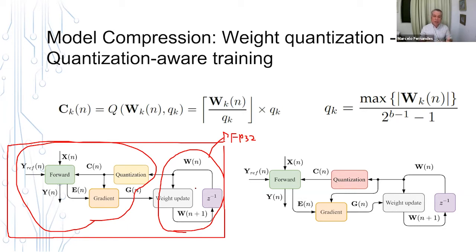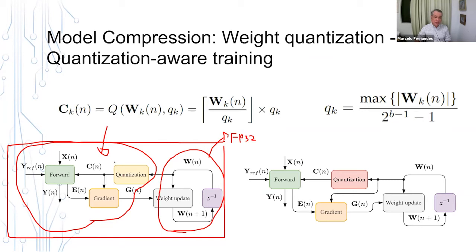You can do it at each mini batch, or you can wait several mini batches and apply the quantization, and wait several more mini batches and apply the quantization again. So you execute this part in float point, and the other part you perform in quantization.